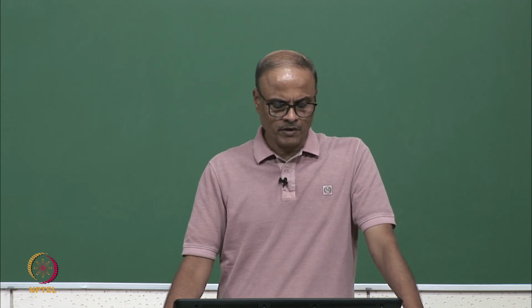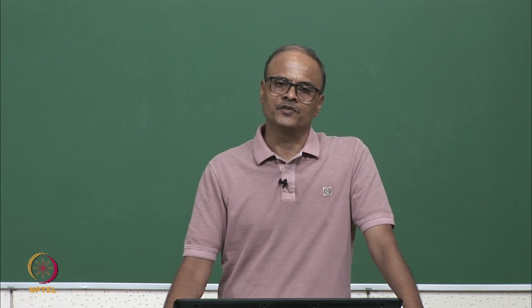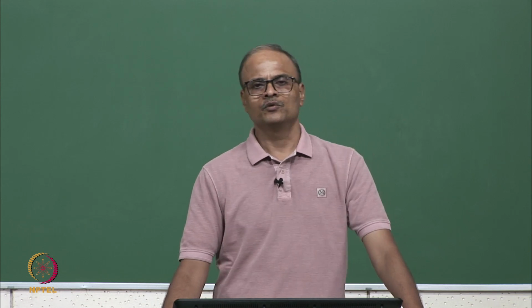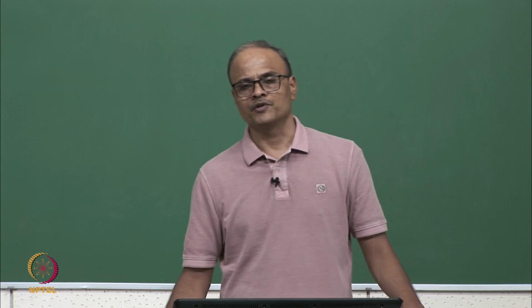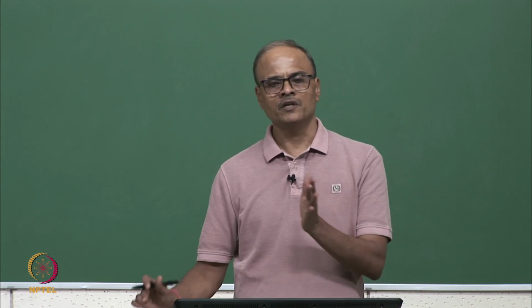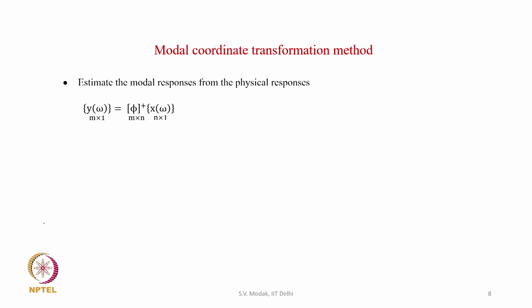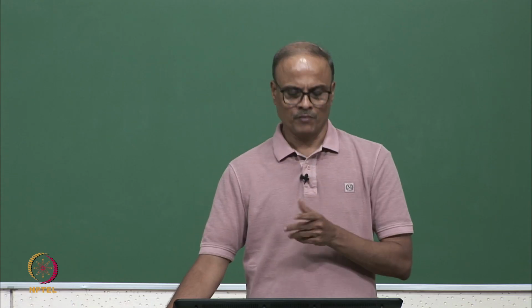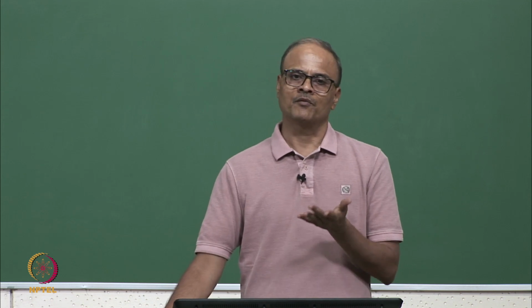Then we estimate the modal responses from the physical responses, because we know the modal transformation relationship between the physical responses and modal responses. If you recall, that relationship was x is equal to phi into y. So, these are again a set of linear equations. If I know x, how to find y, that is the problem of identifying modal responses from these equations.